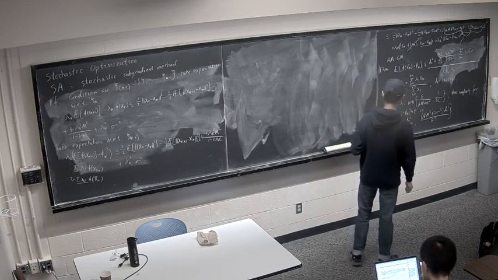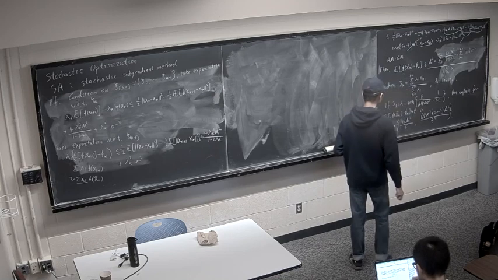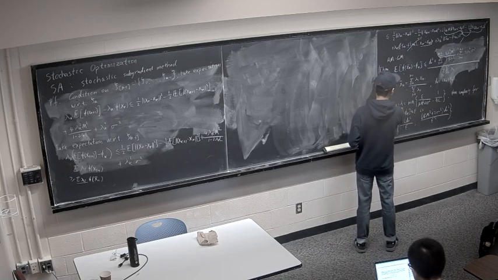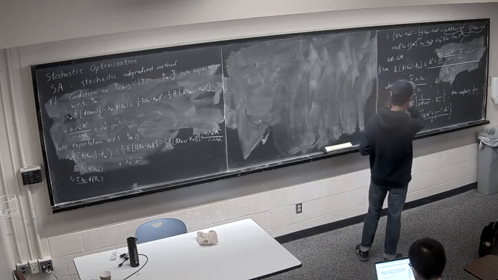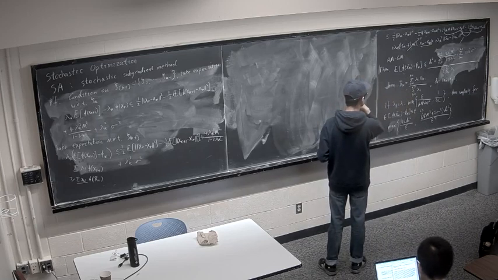And to finally obtain this iteration complexity, you need to choose lambda to be small enough. So let's see.